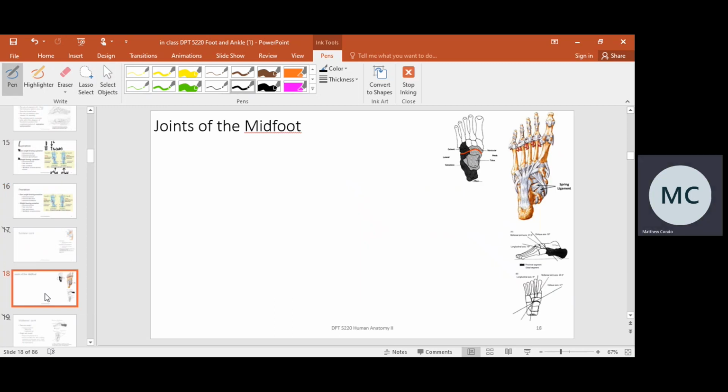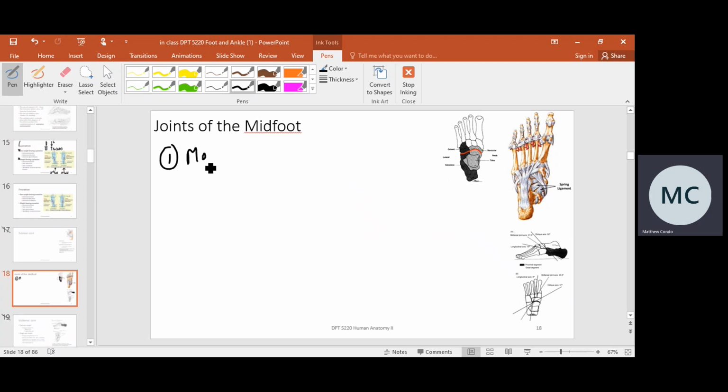All right, so when we talk about joints of the midfoot, we'll dive into a little bit of this today, and then we're going to dive into a ton of ligaments on Monday. I'm going to have several different ligaments at play here. I'm going to have 7 different ligaments that can really help these arches. Now, like I talked about earlier, we got 3 different arches.